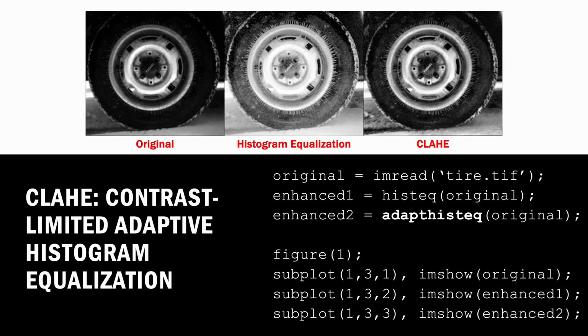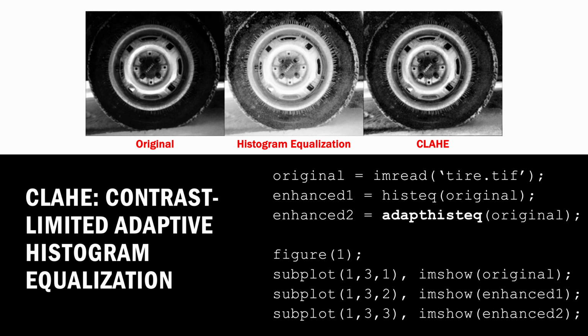Contrast-limited adaptive histogram equalization works locally instead of globally. It divides the image into small neighborhoods, applies histogram equalization within each region, and then limits the contrast so that noise does not get over-amplified. The result is a more natural-looking enhancement.